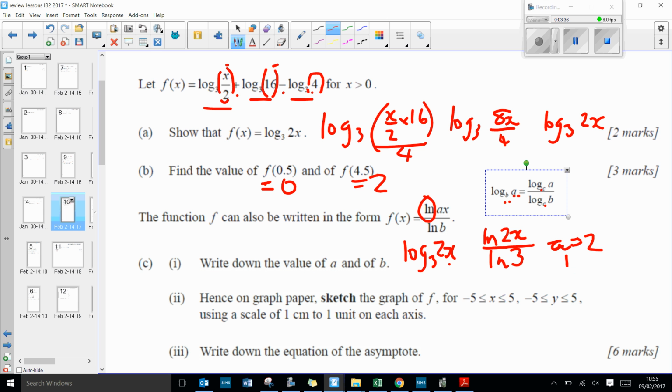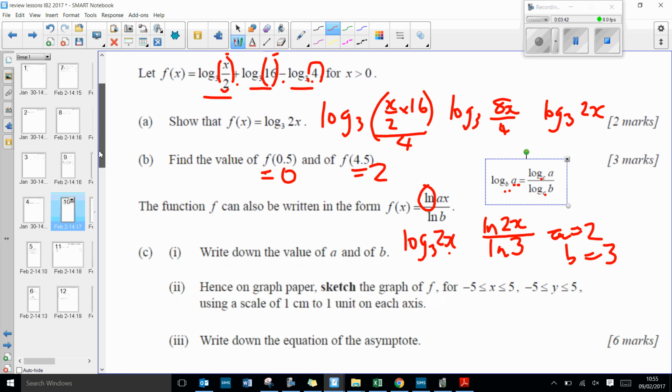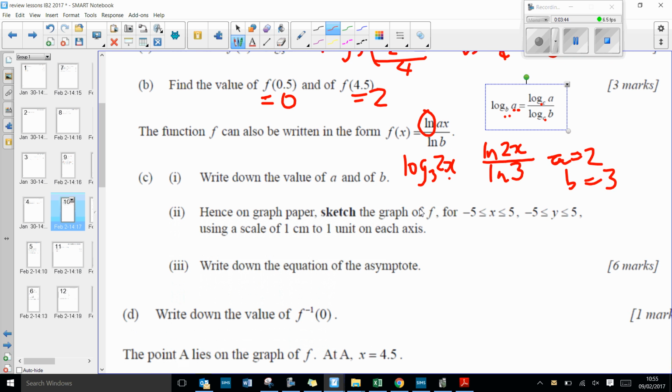Hence on graph paper, sketch the graph. Okay, so this is where we'd get graph paper. I would suggest, because it is in the calc exam, just double check what it looks like.